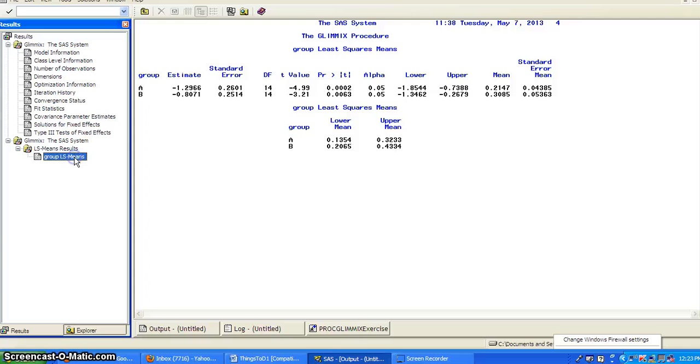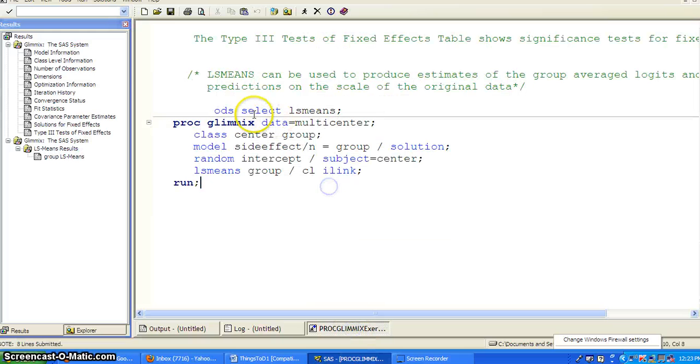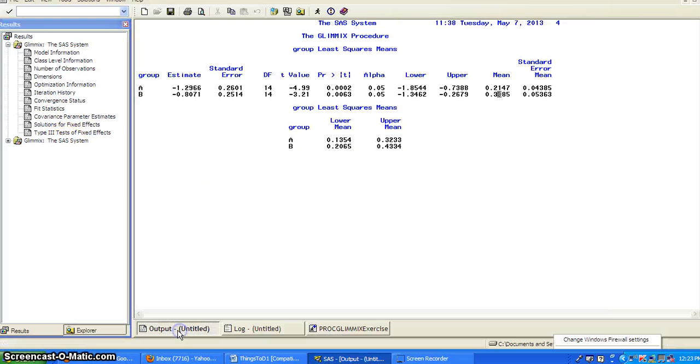Since you use the ODS select, it will just show you that part, the group least squares means for group A and group B. So it gives you some estimates for the group averaged least squares means.